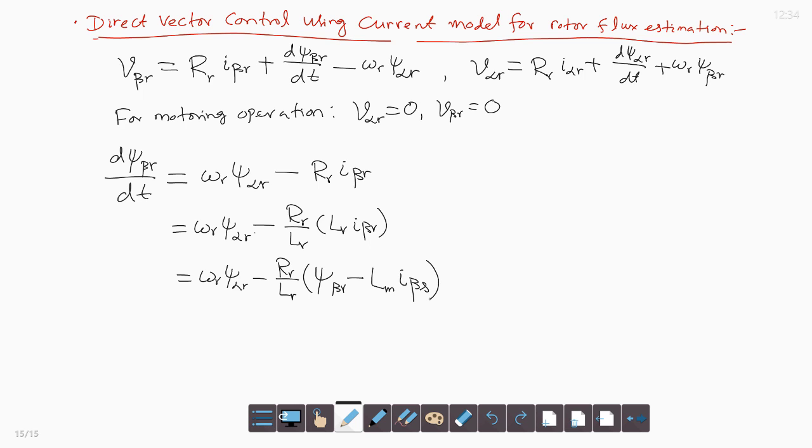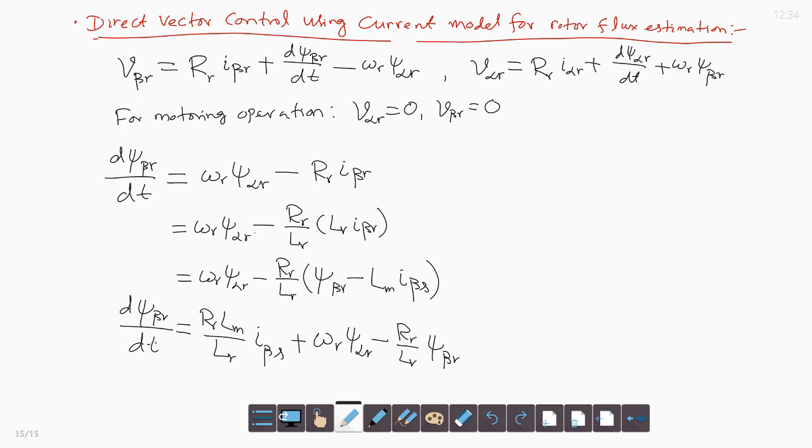So, you can reorganize the terms: R L m by L R I beta s plus omega R into psi alpha R minus R by L R psi beta R. So, this is d psi beta R by dt.